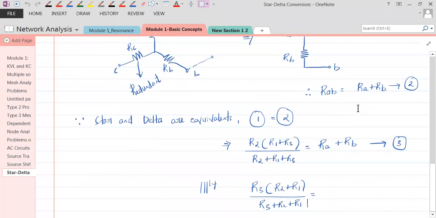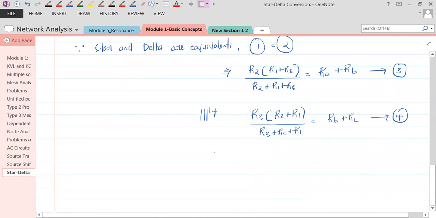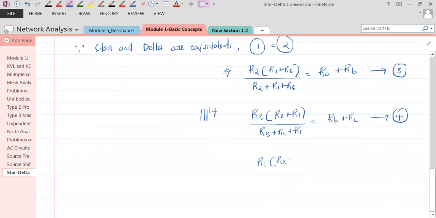You need not do this again. Just say similarly, on similar grounds, we can obtain equation number 4 and equation number 5. What is that? R1 into R2 plus R3 divided by R1 plus R2 plus R3 would give you what?